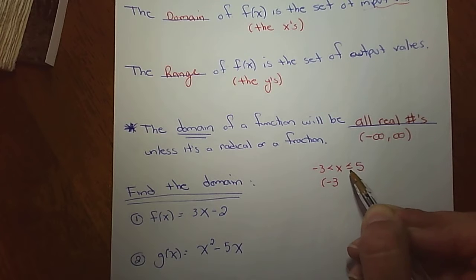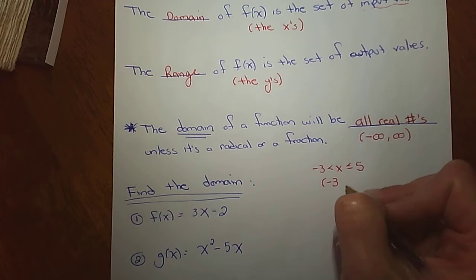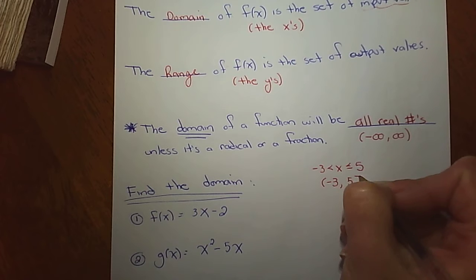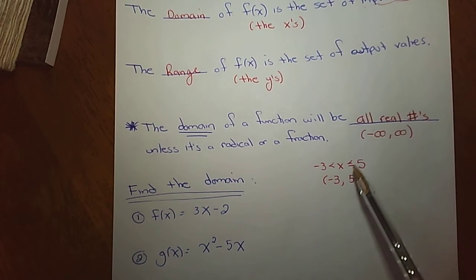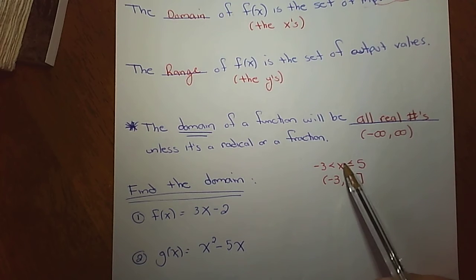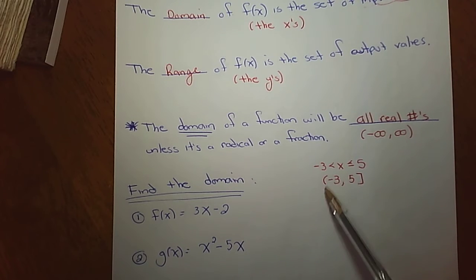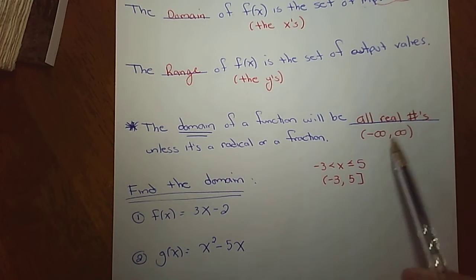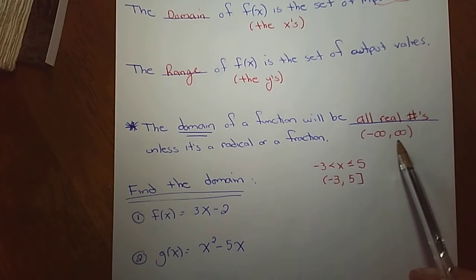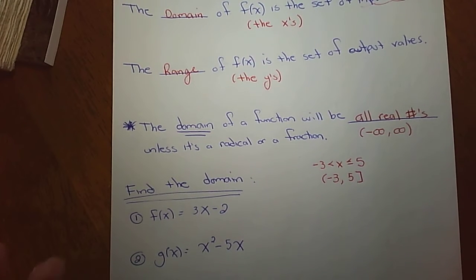But notice there's a line here, less than or equal to 5. So we do comma 5 solid bracket. So anytime it's equal to, we use a solid bracket. And anytime it's just less than or greater than, we're going to use a soft bracket. And again, we use a soft bracket for infinity because we never reach infinity.